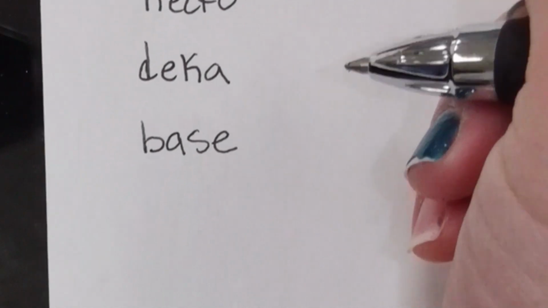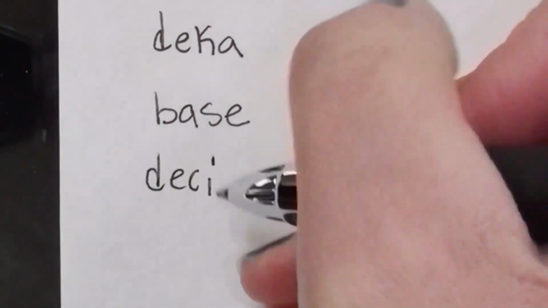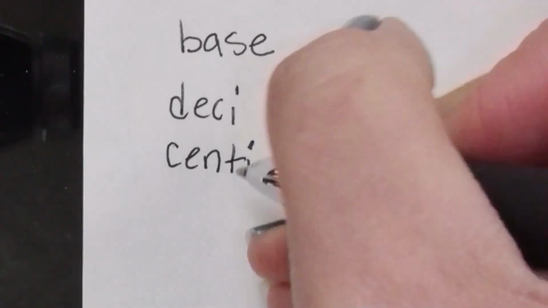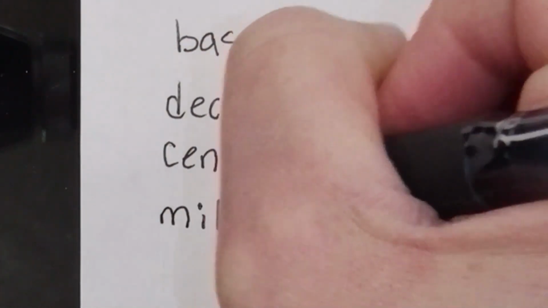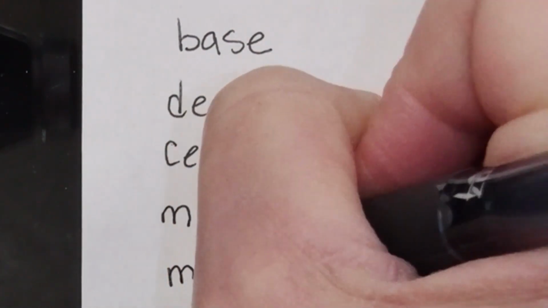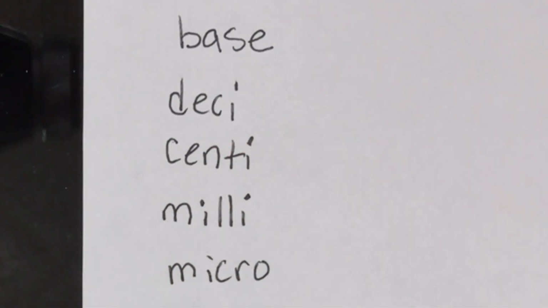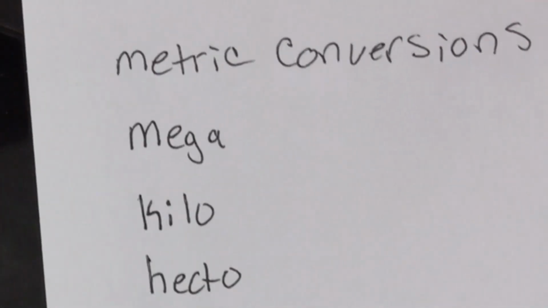And then we can go to deci, centi, milli, micro, and nano. Now, these are not all of the metric units. They're just the most commonly used ones. And so that's what we're going to stick with in this class. There are more. So let's come back up here for mega.